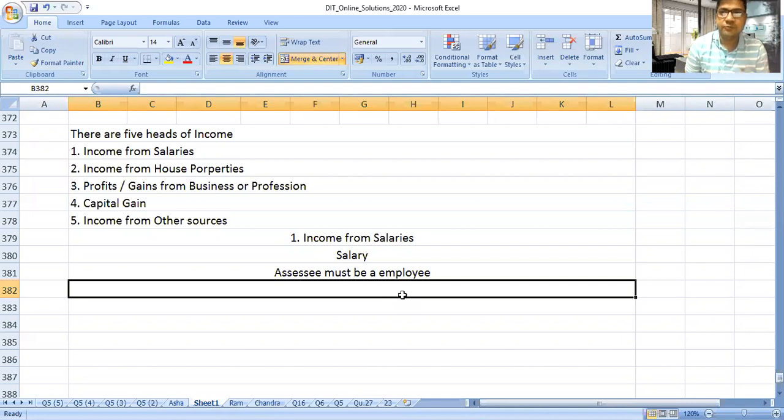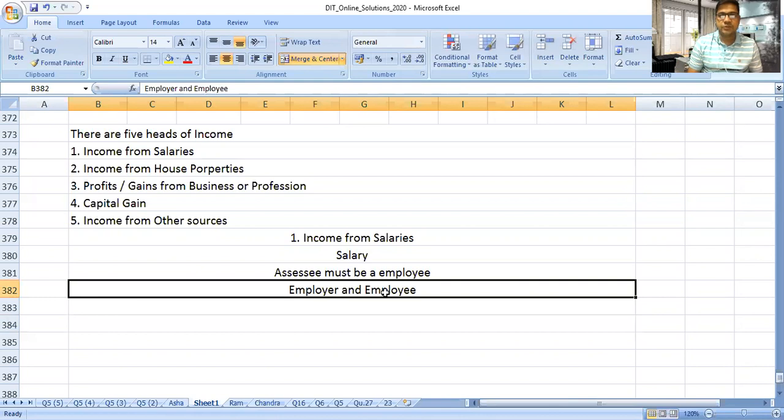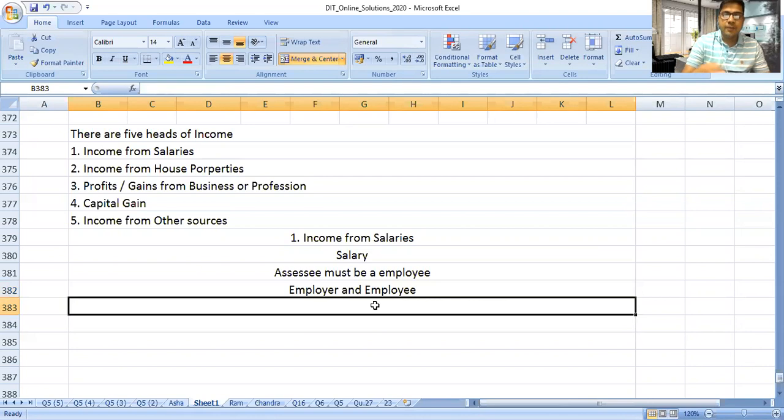Now, if you want to do the job as an employee, it requires a particular person as a boss. Boss means company. It means it requires a relationship between employer and employee. Employer means boss.